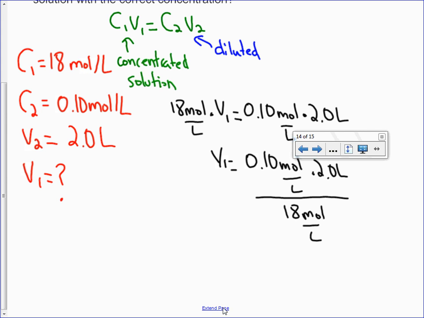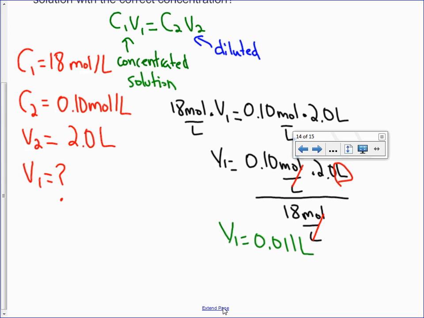Within this question, our units of moles per liter will cancel out, and we'll be left with units of liters. So we know we've set this up correctly, and we should get something that is a reasonable answer. So when we solve for V1, we should end up getting 0.011 liters. That includes significant figures.